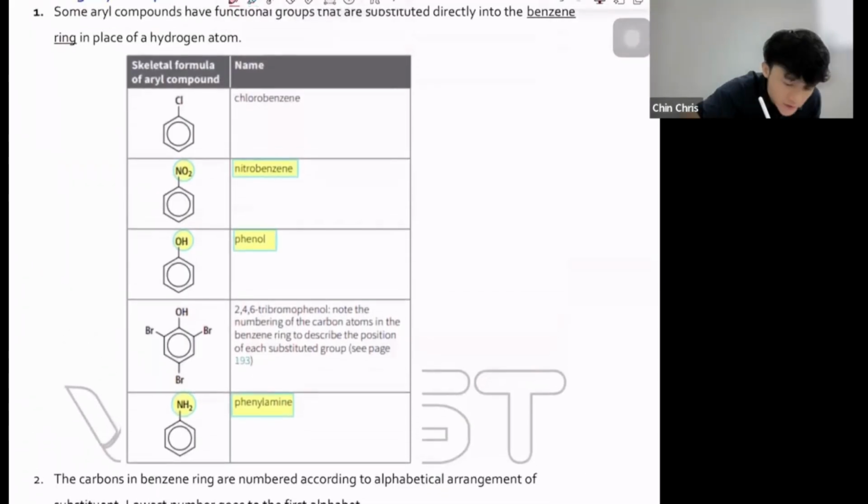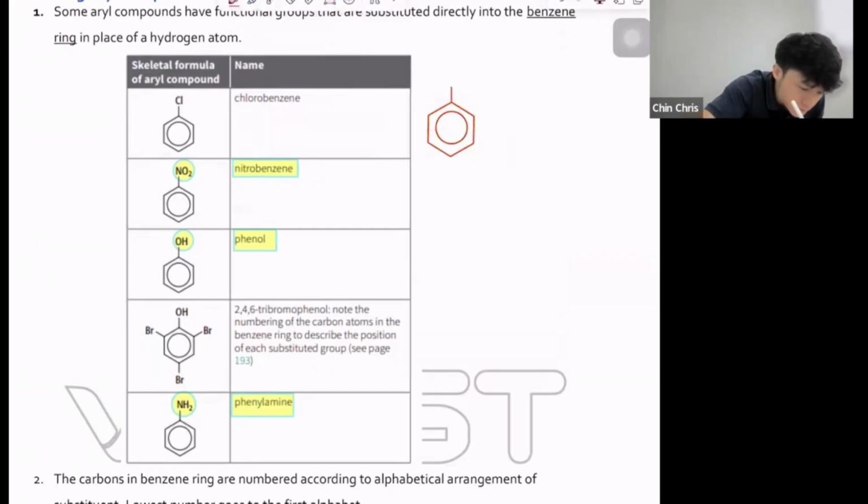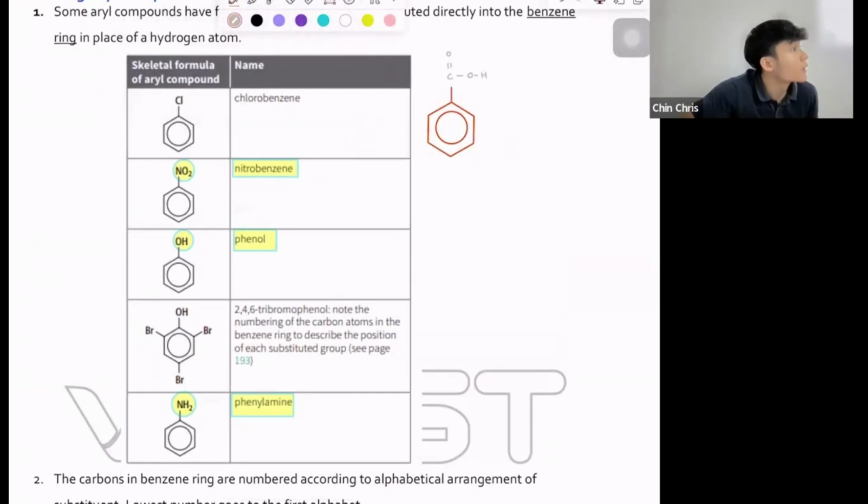Alright, guys, if you see a benzene ring connected to a C double bond O, OH, we call it benzoic acid.